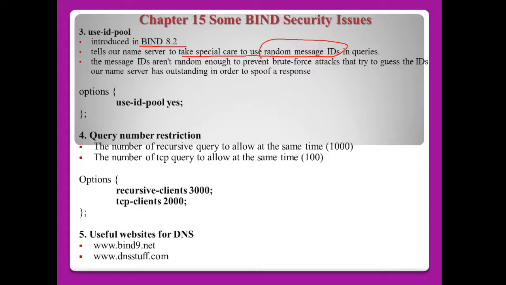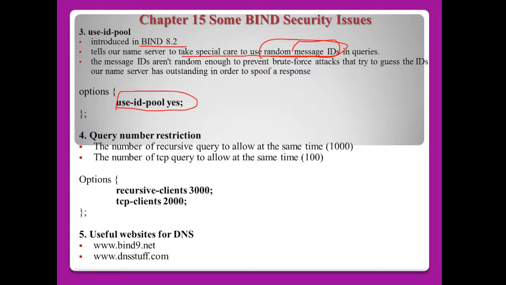Normally, to make this attack successful, attackers use the message ID. So if you want to protect your DNS server from this kind of attack, then we have to use random message IDs in queries. So if we want to support this, then use ID pool yes, like this.